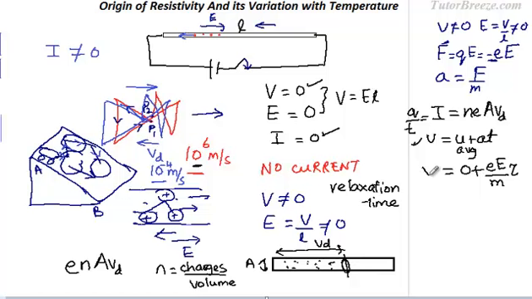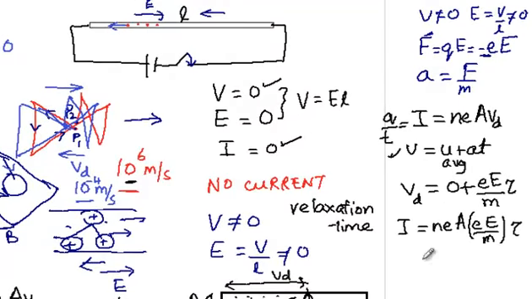So the drift velocity comes out to be the acceleration times tau, the relaxation time. So now we are going to substitute this value over here for the velocity, and so we can write the current as neA times eE by m times tau.